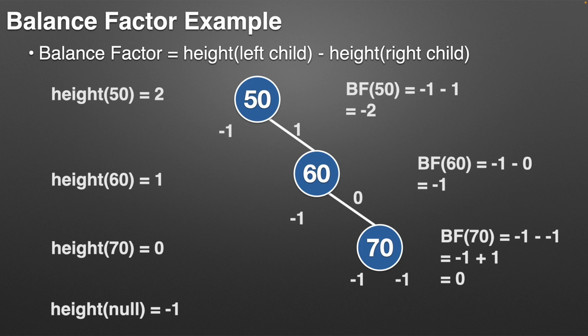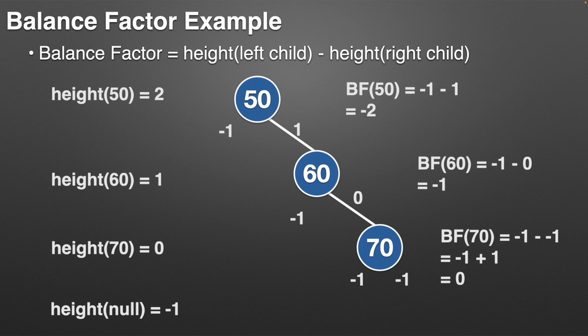So if we go up a level to the 60 node here, it's got one child. It's got a right child, 70, and then it's got null here for its left child. So that gives us -1 and then minus 0 for the height of the right child.